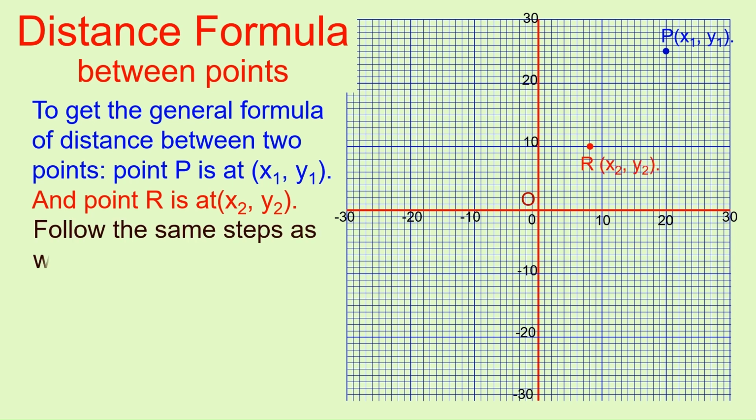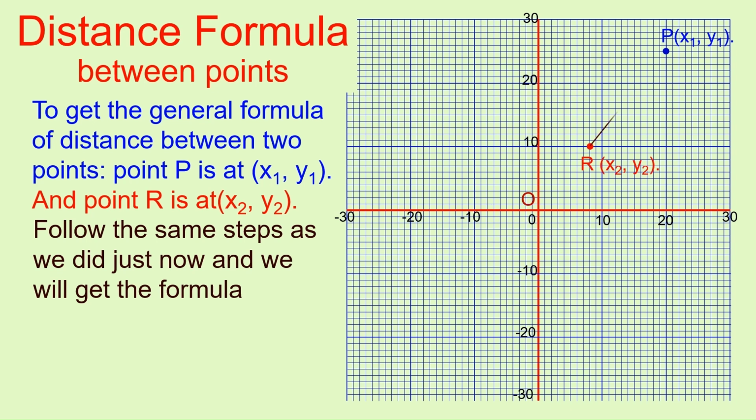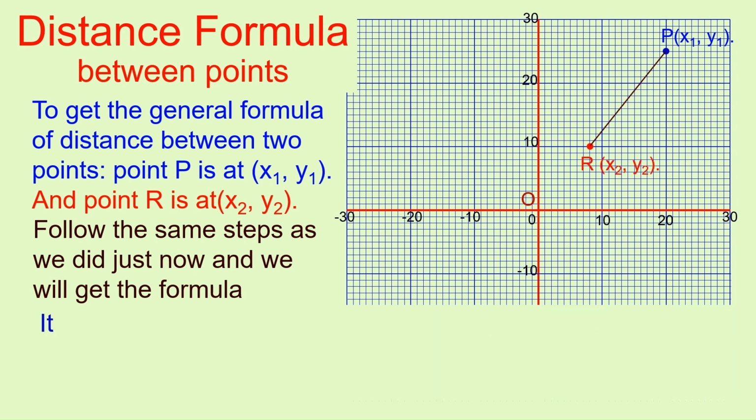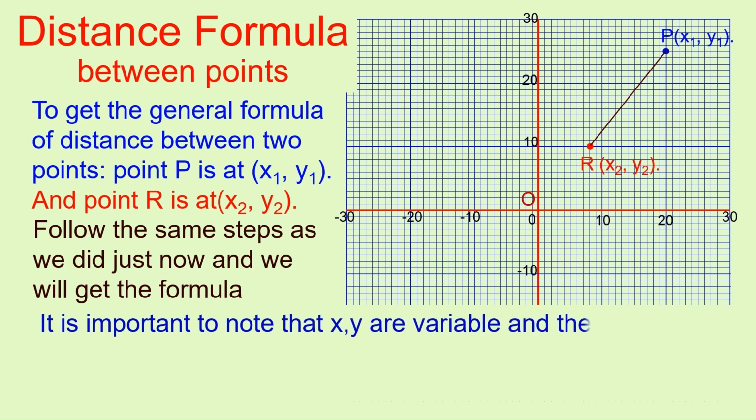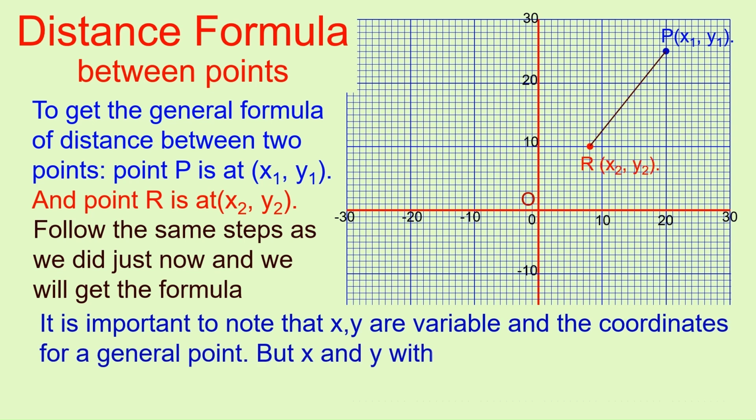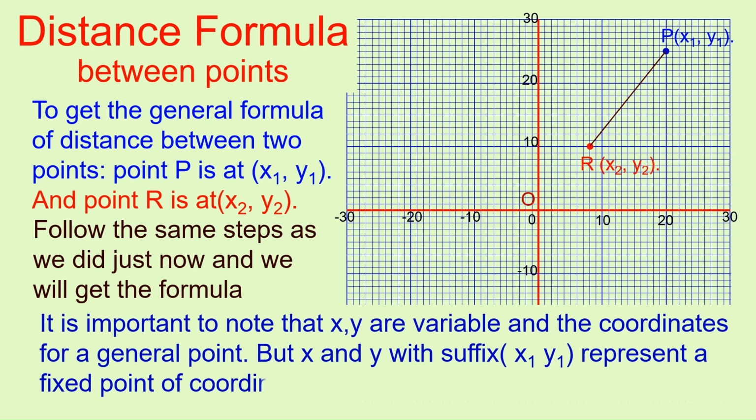Follow the same steps as we did just now, and we will get the formula. It is important to note that x, y are variable, and the coordinates for a general point. But x and y with suffix x1, y1 represent a fixed point of coordinates x1 and y1.